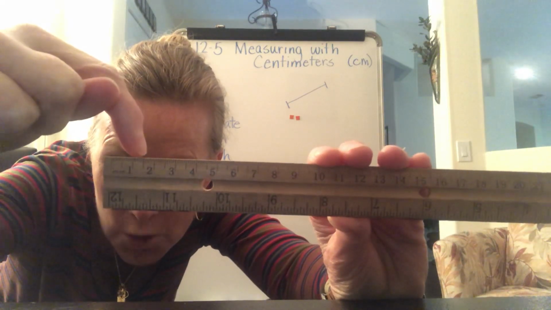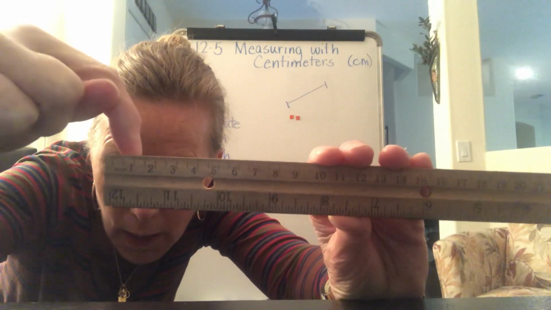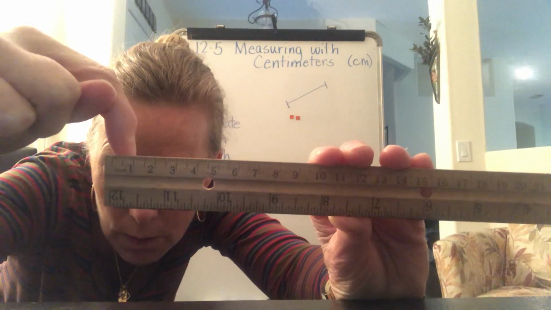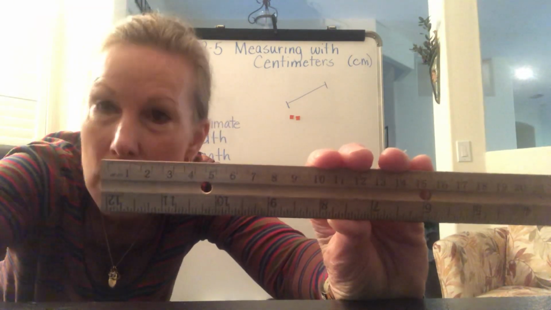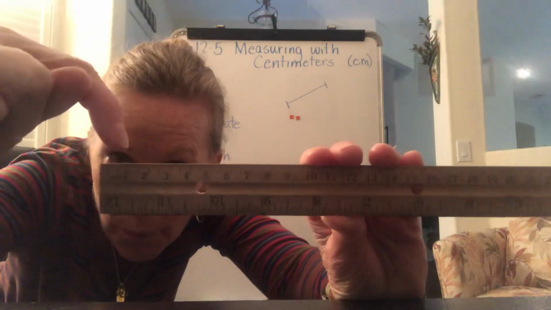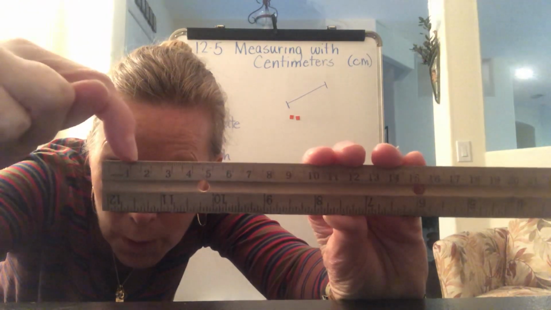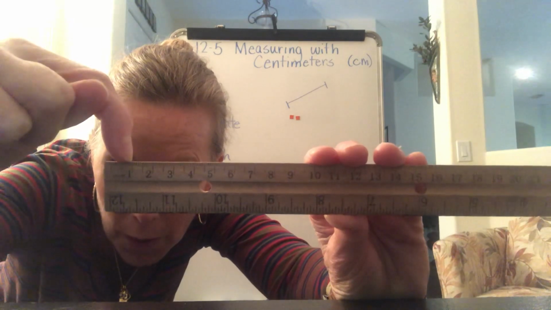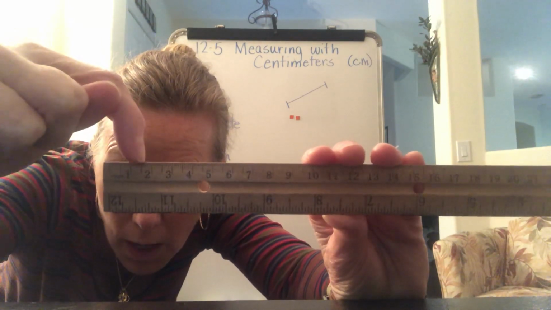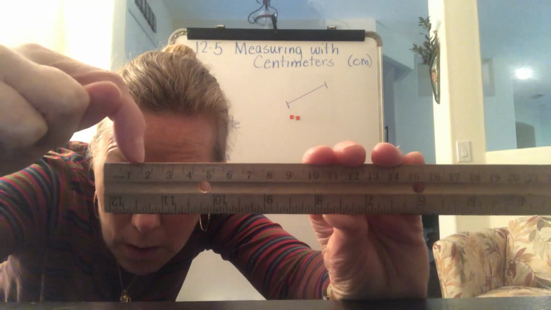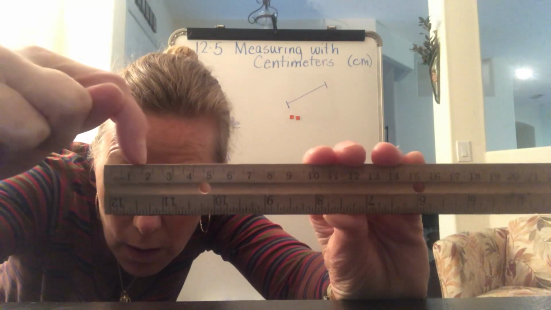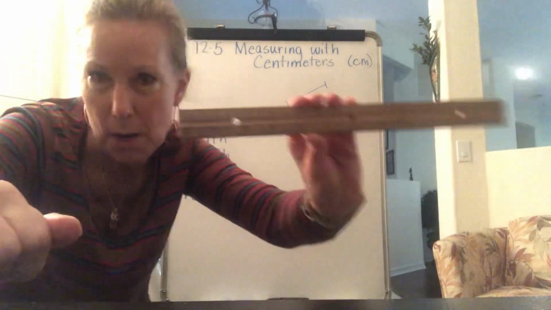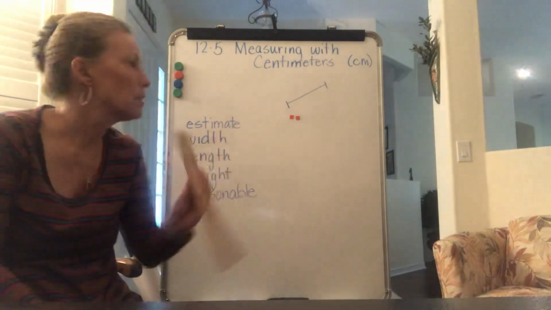Now, if what you're measuring comes before, like anywhere in here, then you would go down to the lower number. If it goes to the halfway mark or after it, then you're gonna go to the higher number, okay? Does that make sense? Great.